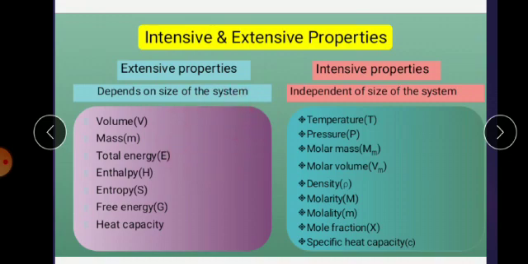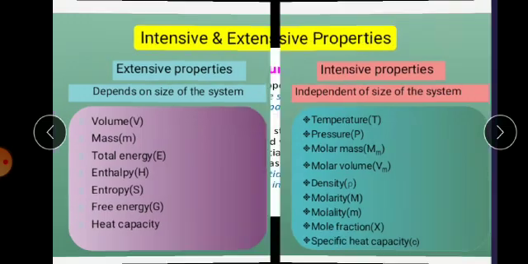The size depends upon the size of the tumbler or the water can. So the water is a system, and that means it depends upon the size or mass of the system. But intensive properties are independent. Temperature, pressure, as well as molar volume are independent of the size of the system. This is known as intensive as well as extensive property.